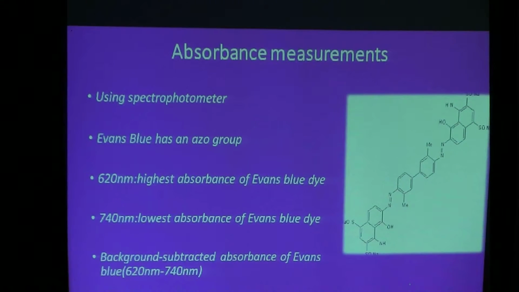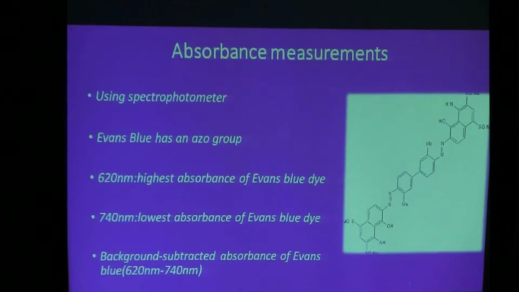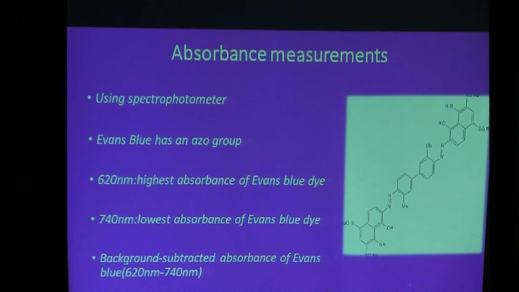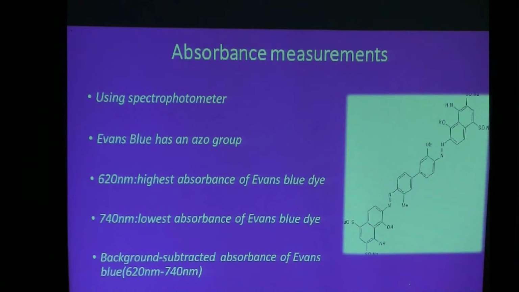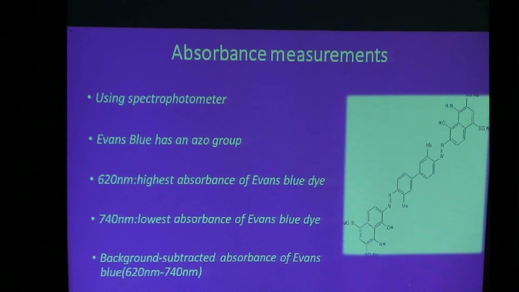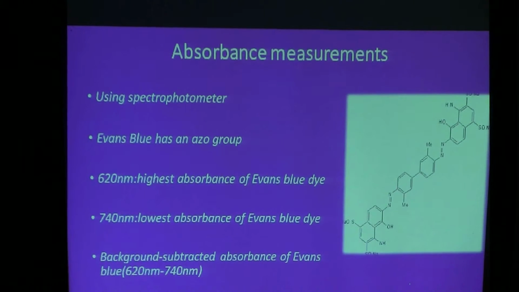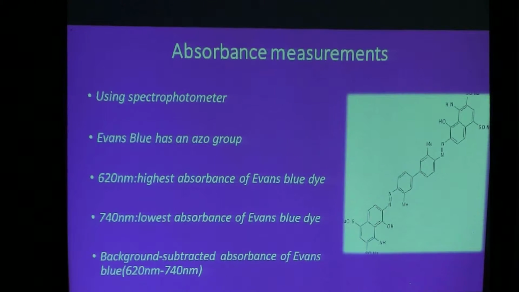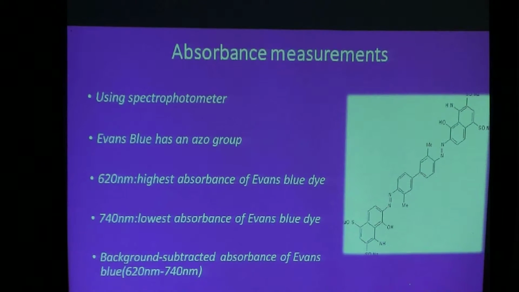This azo group causes Evans blue to have a maximum absorbance at 620 nanometers, and minimum absorbance at 740 nanometers. Positioning of the samples in the spectrophotometer has the same degree of effect on both the 620 nanometer and 740 nanometer absorbances. As we wanted really high precision in our experiment, we used background subtracted absorbance of Evans blue dye for our data collection.